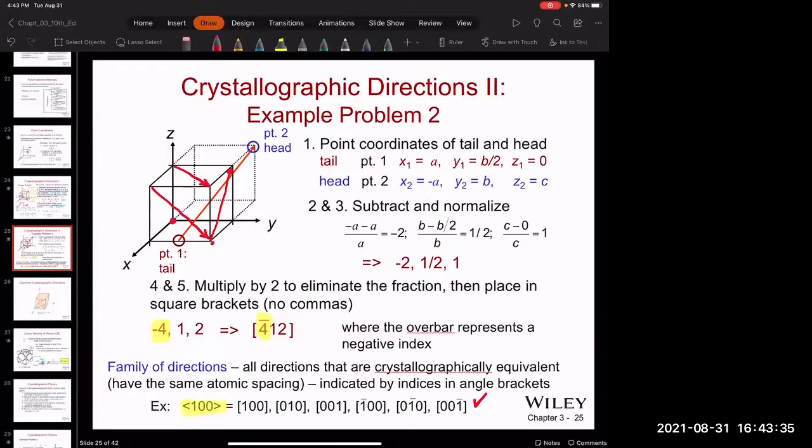The way we identify a family is that we use angle brackets for a family of directions. So remember this: direction, square bracket; family of directions, angle bracket.